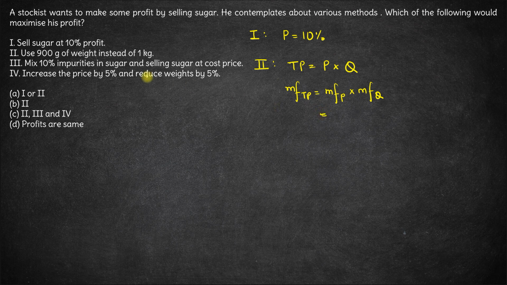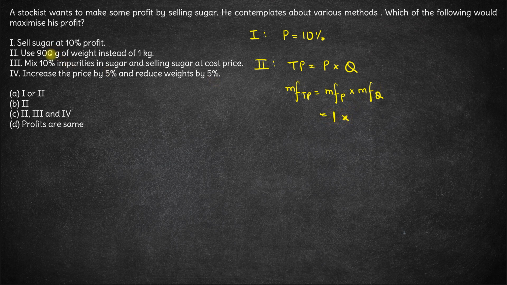So let's see, here he uses a 900 gram weight instead of 1 kg. Since nothing is mentioned about price, we will assume that his cost price and selling price are the same. So the multiplication factor for price is 1, because selling price and cost price per kg are the same.